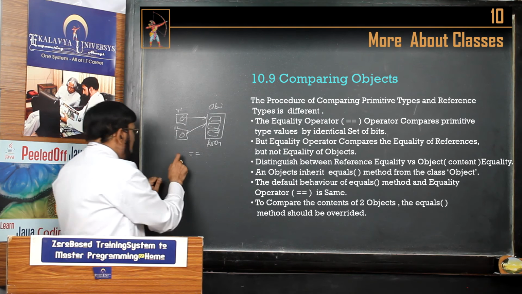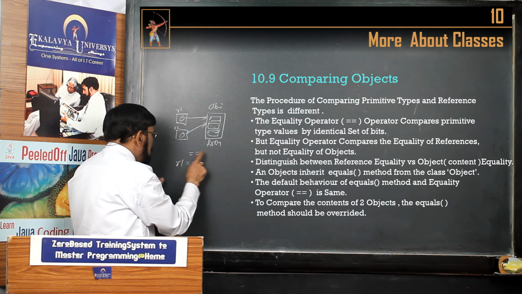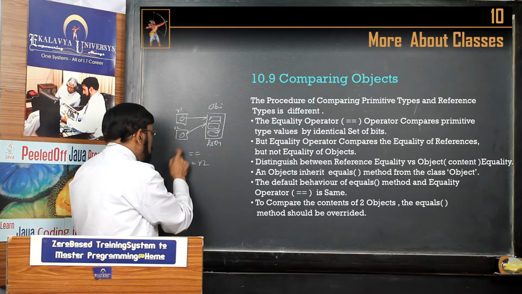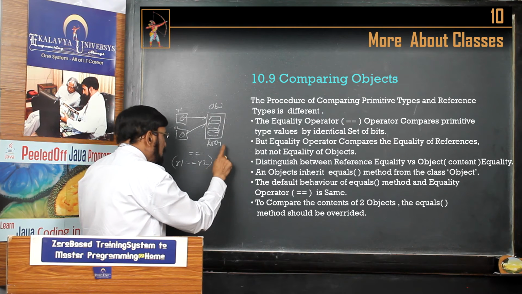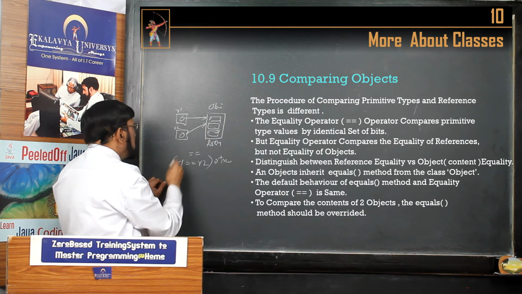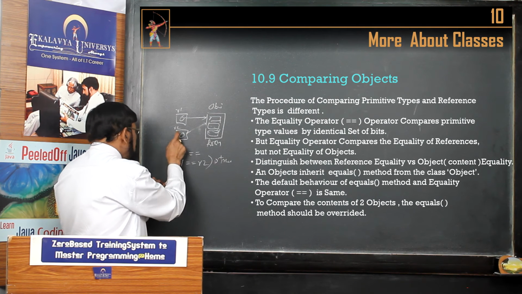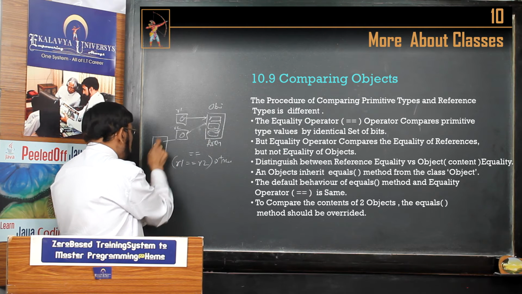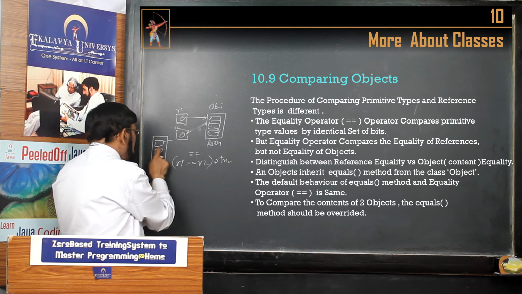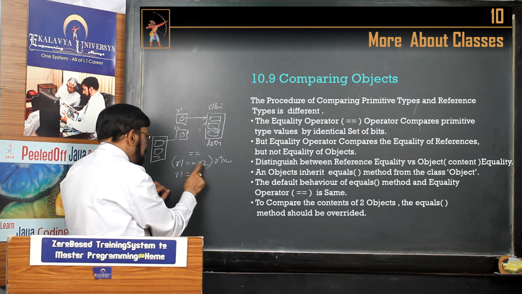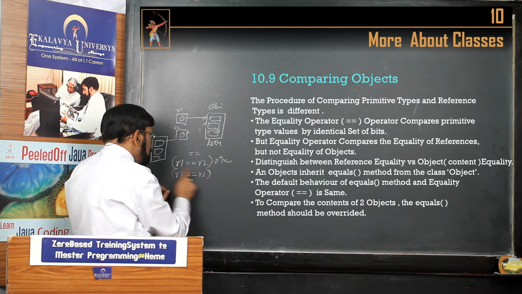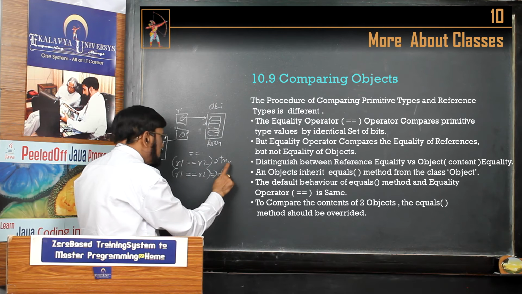That means if you write R1 equal to R2, it gives true. Suppose R2 is referring to another object like this. Then in such a case, R1 equal to R2 gives false.